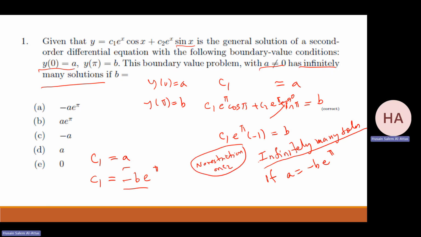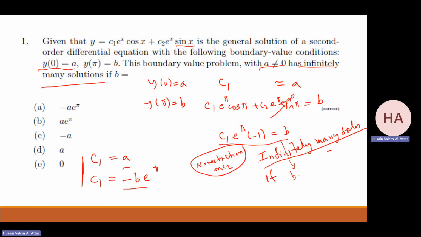So I need to check to be sure in C1, these two C1s are equal to each other. So I need B to be equal what? C1 e pi times minus 1 with A not equal to 0. Is it? B equal what? From here, I get what?